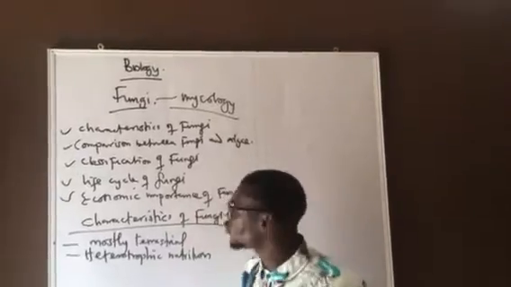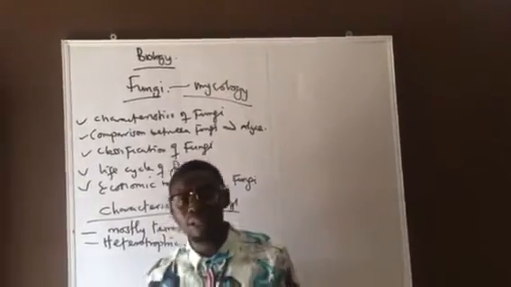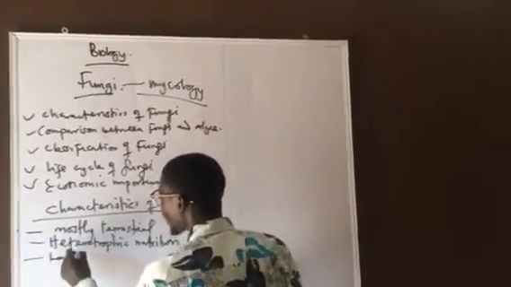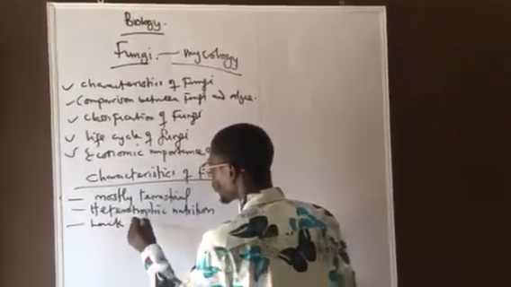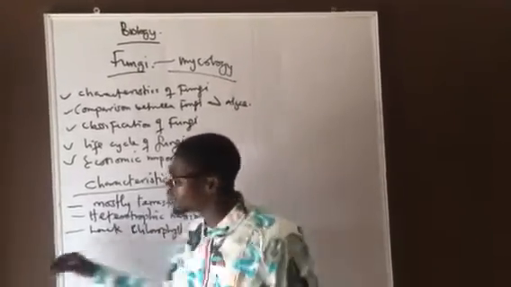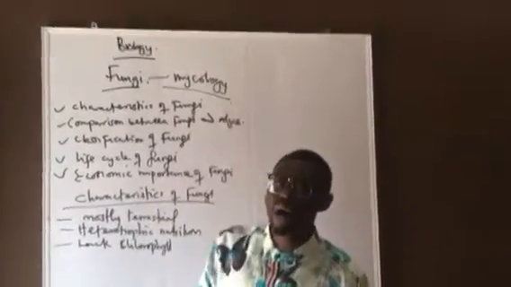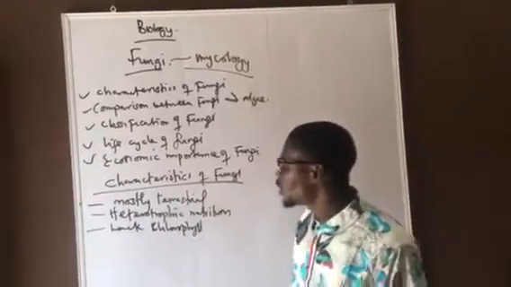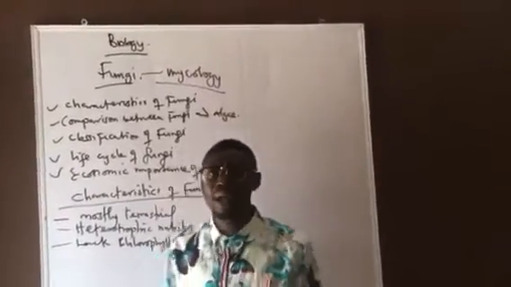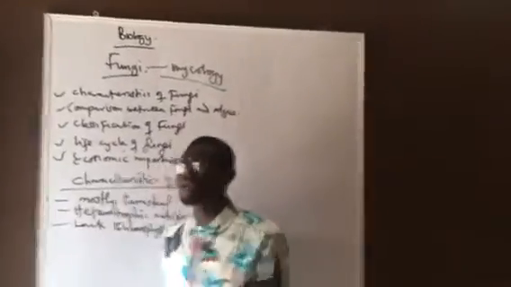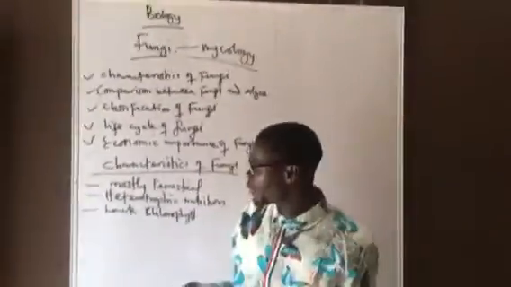Fungi are a group of thallophytes that lack photosynthetic pigment, so they cannot carry out photosynthesis. They don't have the ability to manufacture their own food, but depend on other organisms.